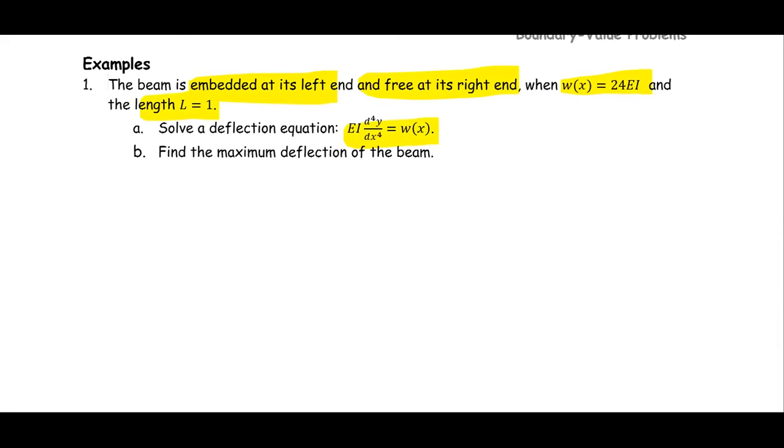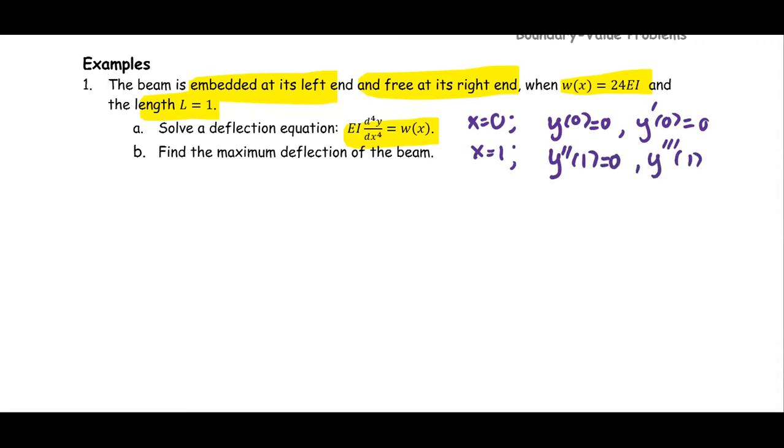At the left end, which is x equals 0, the beam is embedded, so the conditions are y at 0 equals 0 and y prime at 0 equals 0. On the right end, which is x equals 1 as the length equals 1, the end is free, so the conditions are y double prime at 1 equals 0 and y triple prime at 1 equals 0.